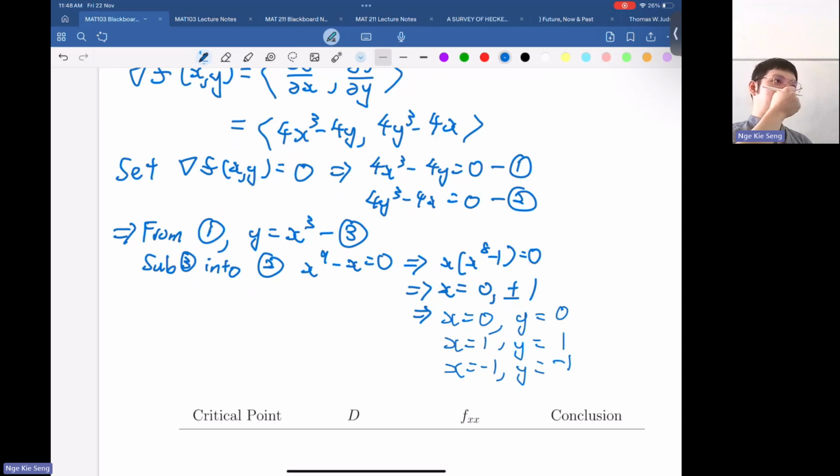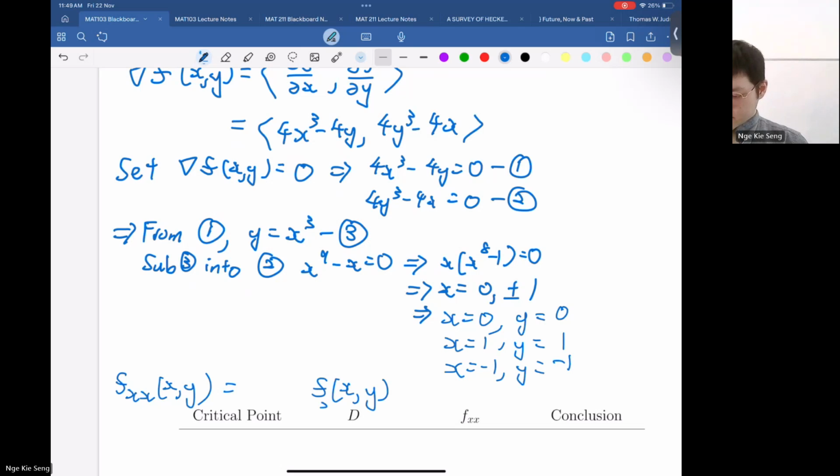Right. So what's the next thing you compute? You compute the determinant, D, of fxx, fyy, and fxy. So you should compute what fxx is first, and what fxy is, and also fyy.